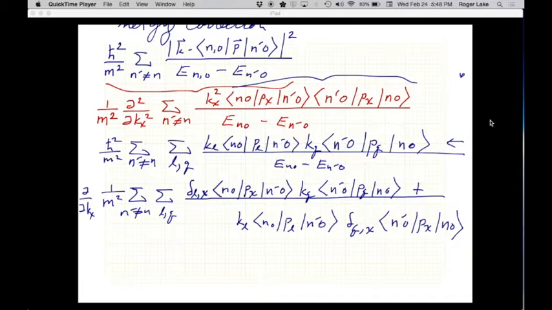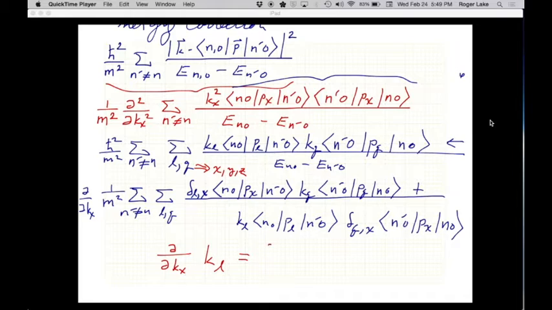And these sums over L and Q are just a sum over x, y, and z. I'm summing over the x, y, and z components of k. K sub L means kx or ky or kz. So when I do d dkx of k sub L, if L equals x, that's 1. If L is y or z, that's 0.